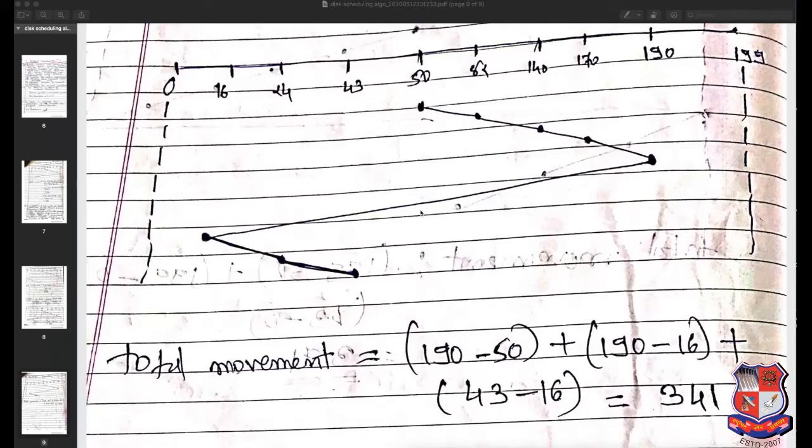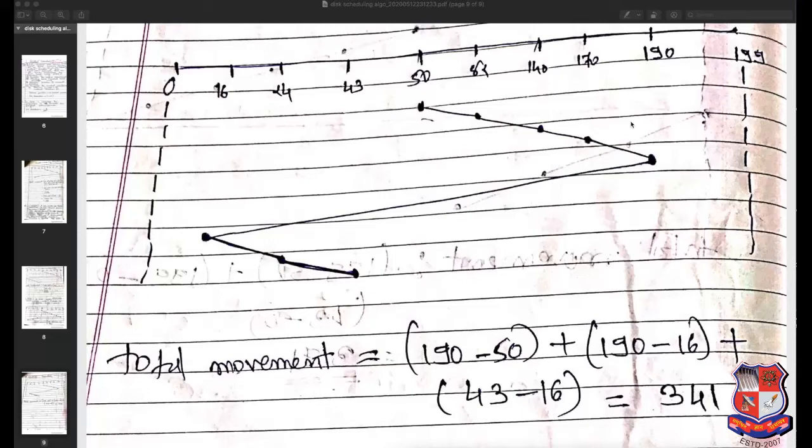So when we reach 16, we consider the reverse direction again. So we traverse 24 and 43. It means when we reach one end, 190, we directly move to the other end.